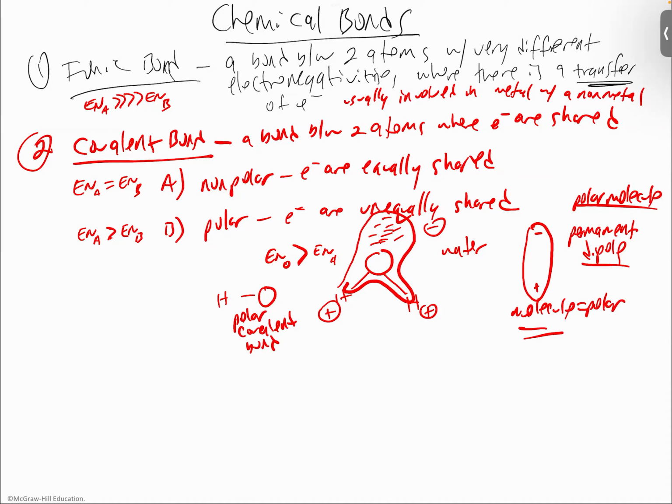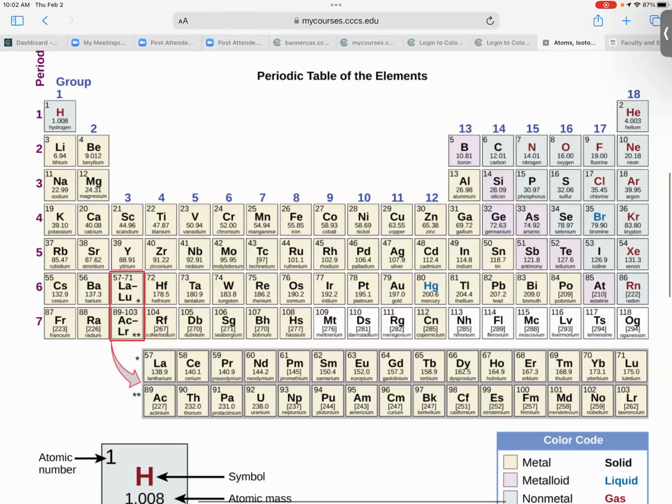Here's an example. Let me use carbon. What is the valence of carbon? How many valence electrons does it have? Carbon has 6 electrons, so let's bore this out.